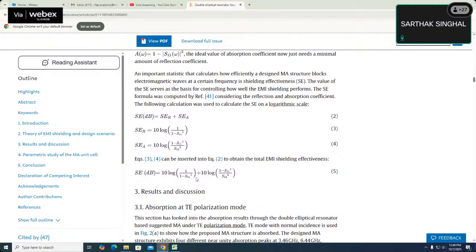But even if we are talking about only the first term, then we are not left with anything, because if we are making this S12 to be 0, it will be infinite. The second term, okay. And if we are converting this entire equation, because this is the standard equation taken from multiple papers, it has been quoted in multiple papers.